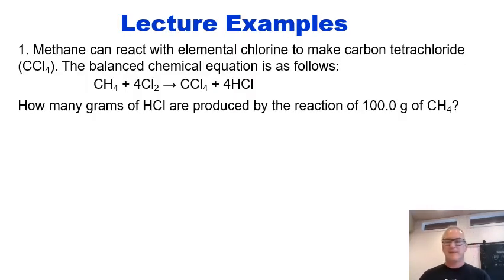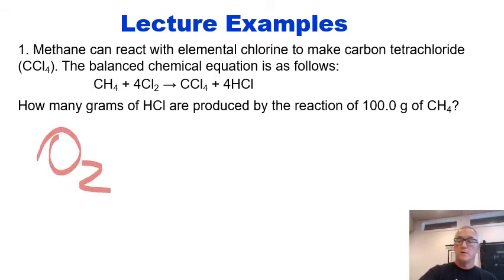So this is a reaction. We have methane, and it reacts with chlorine gas. So one thing to remember, most gases, if they're elemental gases, are going to be a molecule. The only ones that aren't are the noble gases. So if I say moles of oxygen gas, I mean O2. Moles of hydrogen gas, I mean H2.